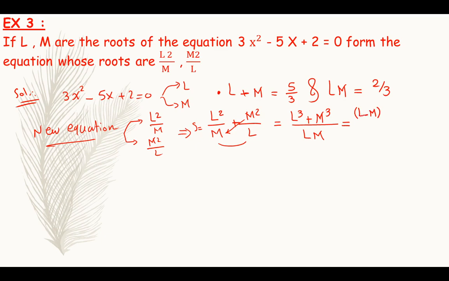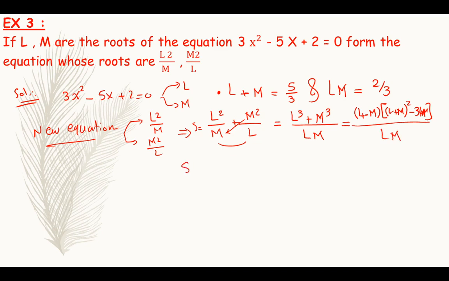Okay, so we are going to replace it. The first one will be L plus M multiplied by the large bracket, which is L plus M all power of 2 minus 3LM, over LM.